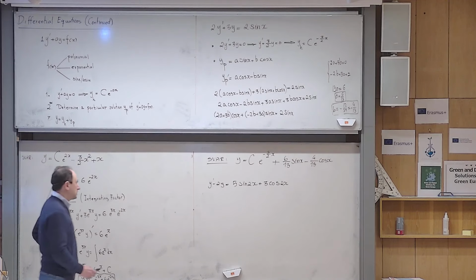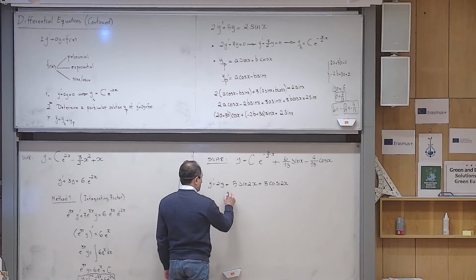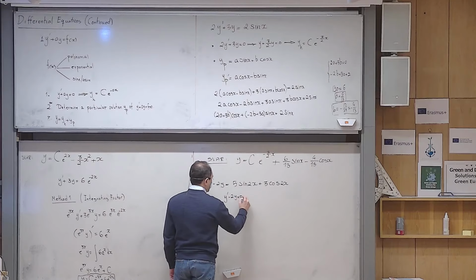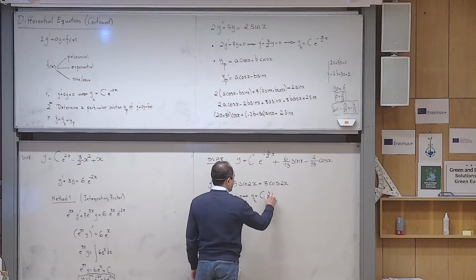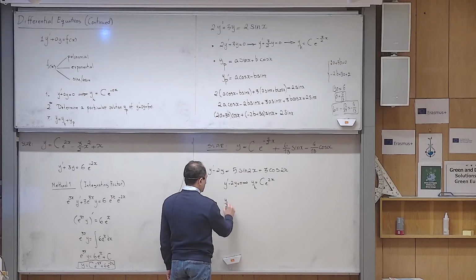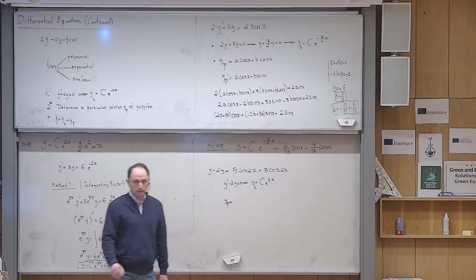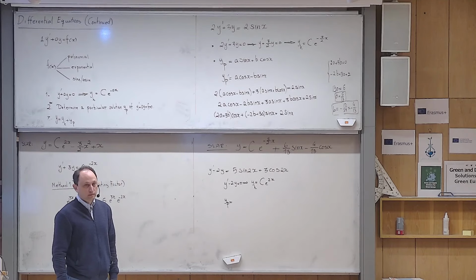Yes. Okay, so what we should do here is to write this one equal to 0 first. So y sub h becomes c e to the power 2x. And then what is your guess here? y has to be a sine and cosine function, but the variable inside is 2x.